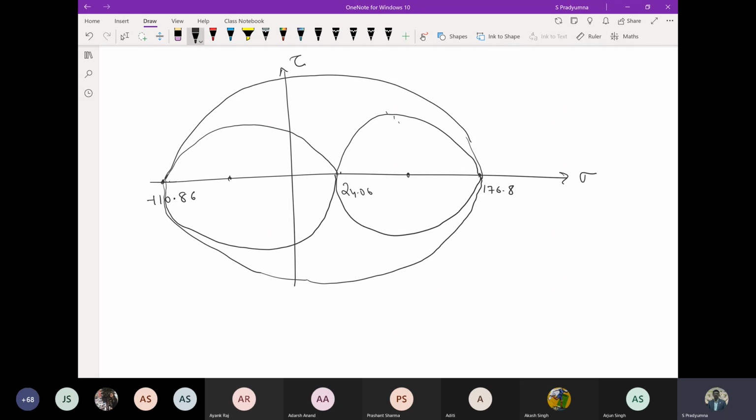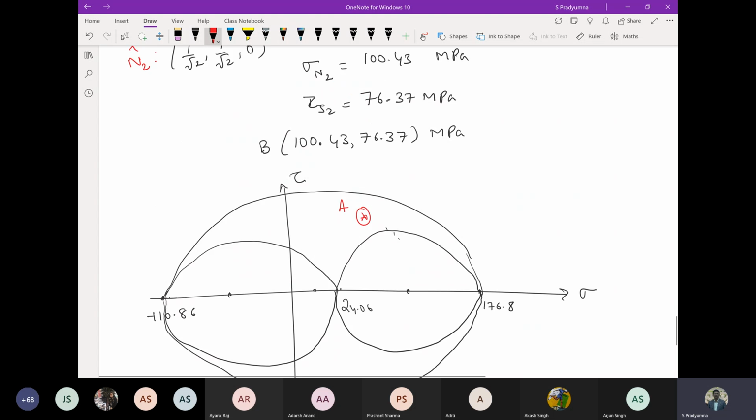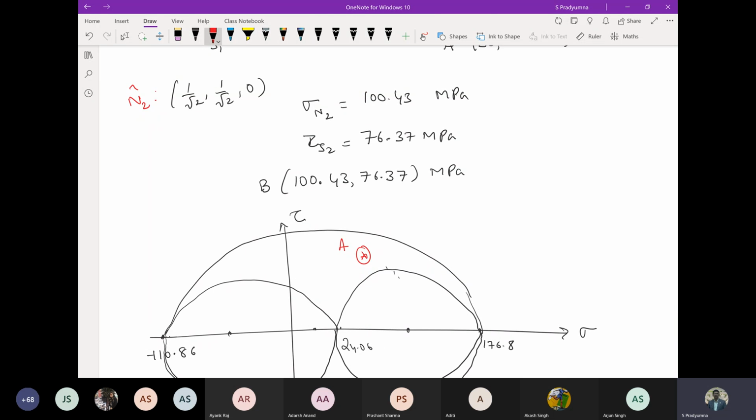So the radius and the values we have already found out. A is actually 30, 117.51, right? 117.51. So somewhere here I will find that value. This is point A, and B has a coordinate of 100.43 and 76.37.